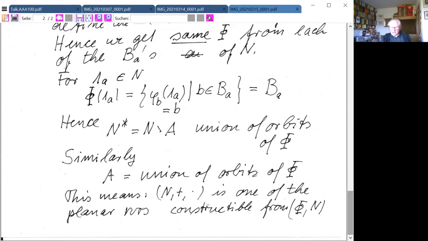And of course, if you take away from N a union of orbits, then the rest must be the union of orbits as well. And this means N plus point is one of the planar near-rings which we can construct from the Ferrero pair phi N.